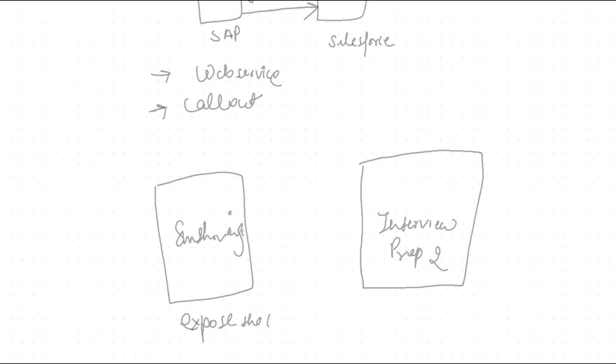So we will create some custom web service class in this org, and this org we will use to do the call out. We will connect these two orgs, and in the SM Shivangi Salesforce org, we will be exposing an API, and in the interview prep 2 org, we will be writing the code for call out, and then we will be passing data from one to other.